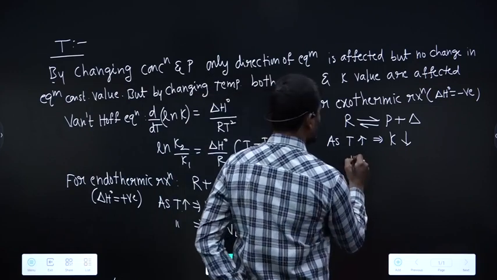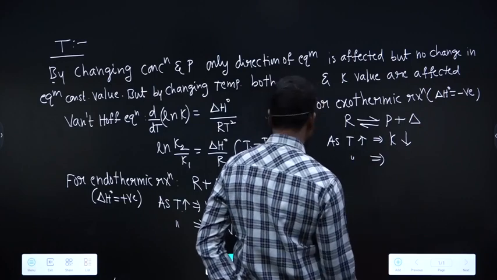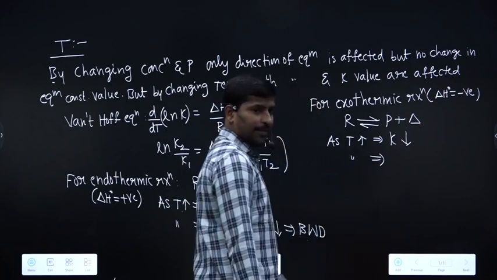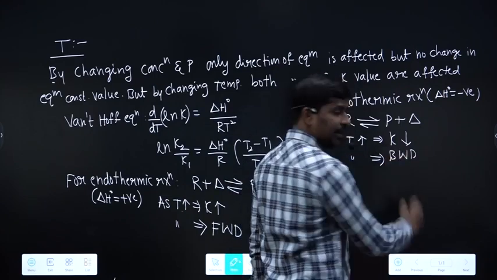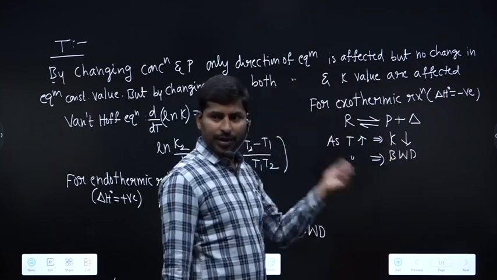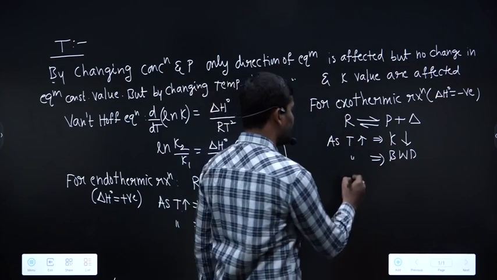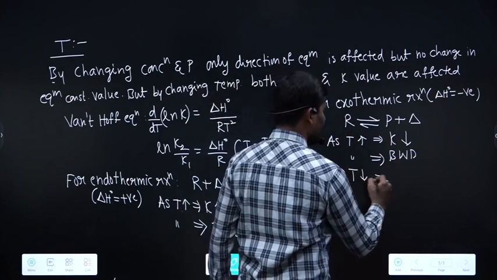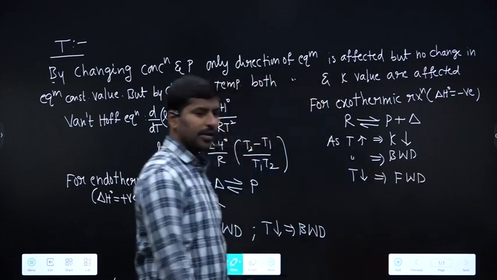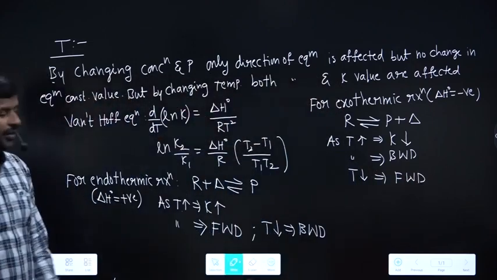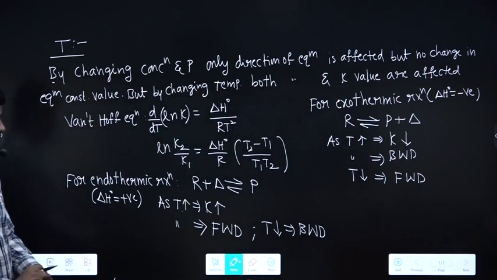Next, as temperature increases, equilibrium proceeds in which direction? Backward direction. It proceeds in the direction where heat energy is consumed, that is backward direction. If you decrease temperature, it proceeds in which direction? Forward direction.